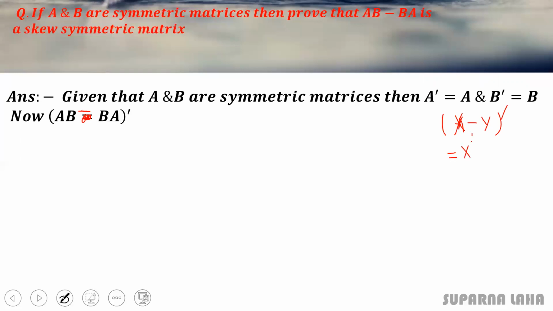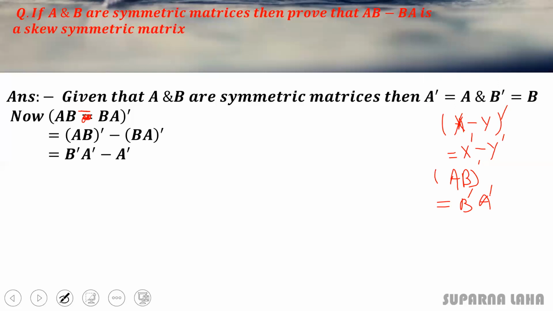So what is this? X transpose minus Y transpose. So apply this one: AB transpose minus BA transpose. Now, what is AB transpose? That is B transpose A transpose, right? So B transpose A transpose, and BA transpose is A transpose B transpose.